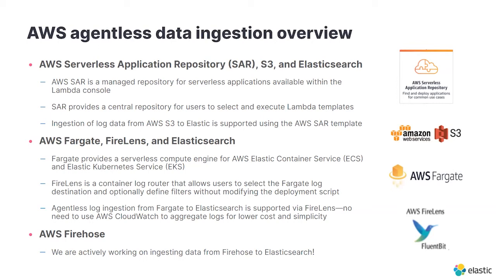Now, within Fargate, you can integrate FireLens, which is a container log router that allows users to select where to forward these Fargate logs coming from ECS and EKS. Obviously, in this use case, we want to demonstrate how that can be done, ingesting that data into Elasticsearch.